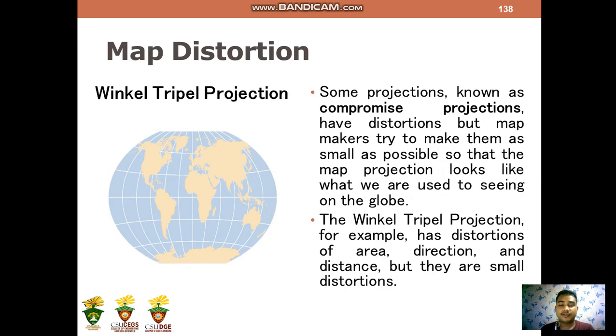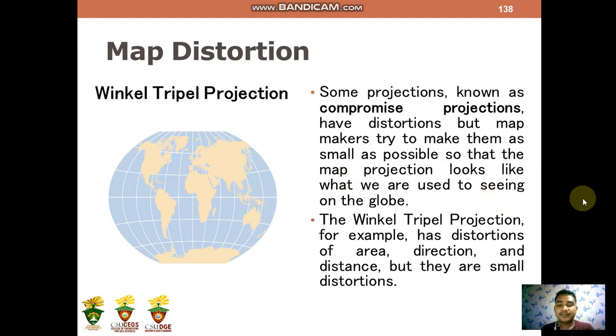So si Winkel triple projection, itawag po siya og compromise projection kay based sa iyang explanation or sa iyang definition, naa siya distortion of course, no? But ang map maker is gihimo niya ang map as small as it can para mahimo siyang looks like, no? Kung sa atong pananaw sa globe, mao pod ang naa sa map, no?